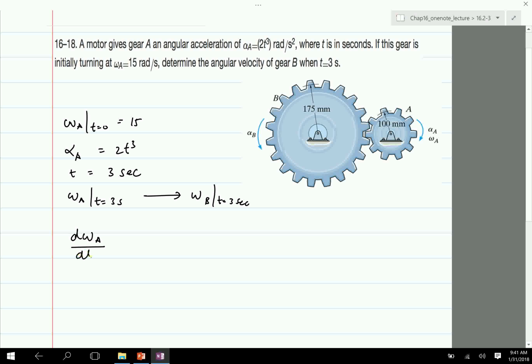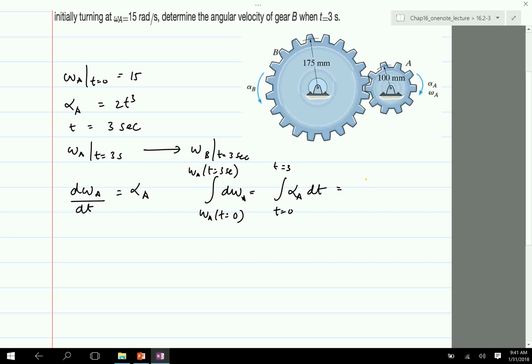So the integral of d omega A is alpha A dt, where omega A goes from its value at t equals 0 seconds to its value at t equals 3 seconds, and t goes from 0 to 3. So this is the integral of 2t cubed dt, that's 2t raised to 4 divided by 4, evaluated at 3.